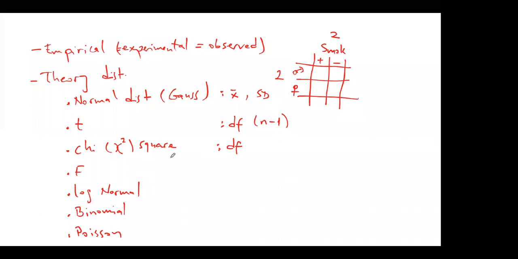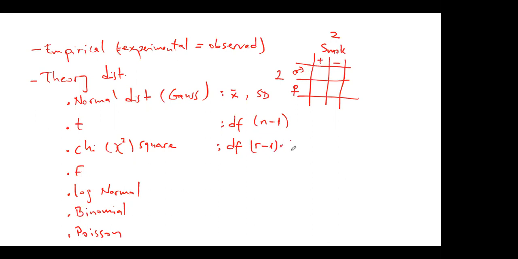And the degree of freedom in a chi-square is the number of rows minus 1 multiplied by the number of columns minus 1.